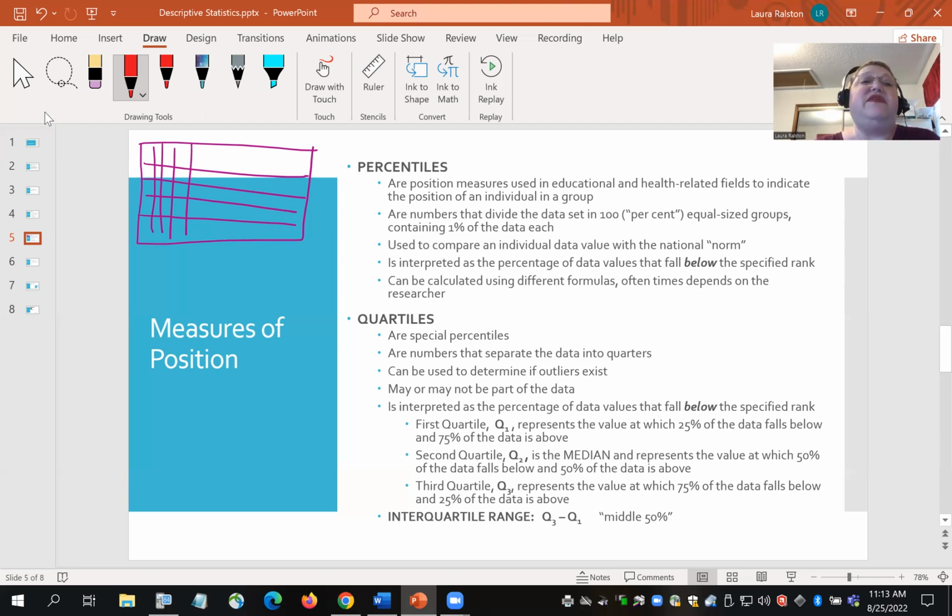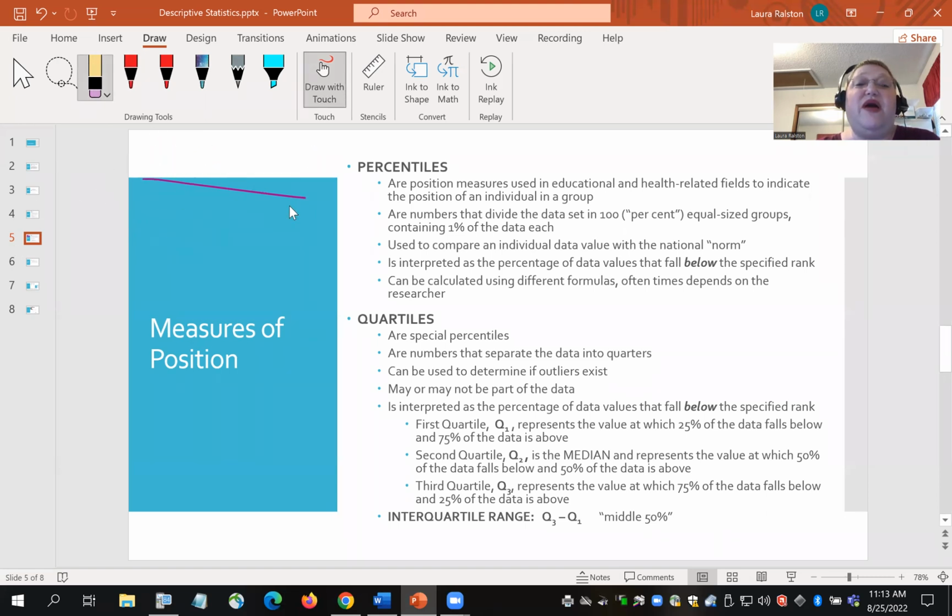The challenge that we face with percentiles is that there are different ways of calculating it. It may depend upon how the researcher does it. It depends upon the assumptions that the researcher makes about the data set.